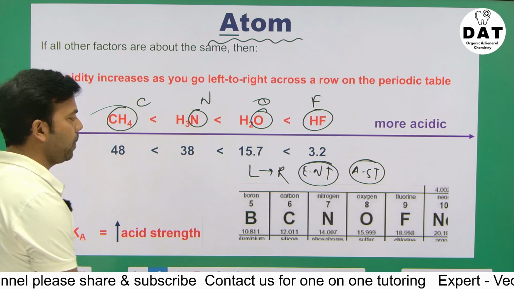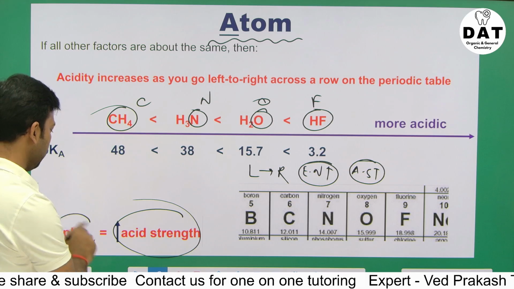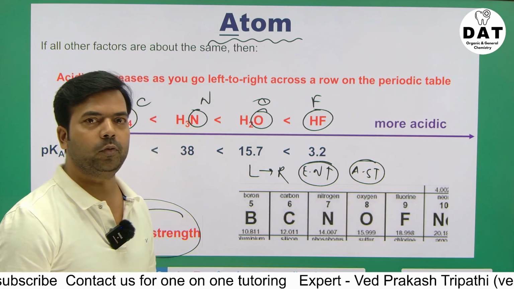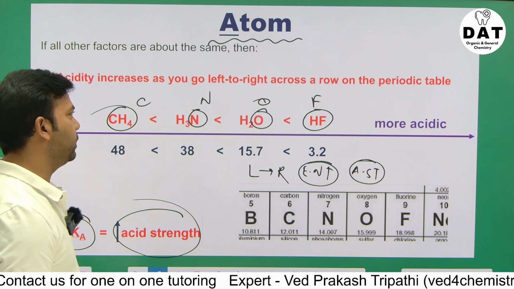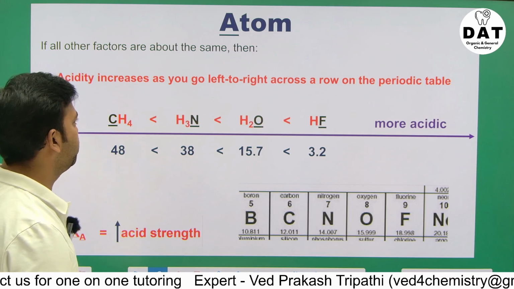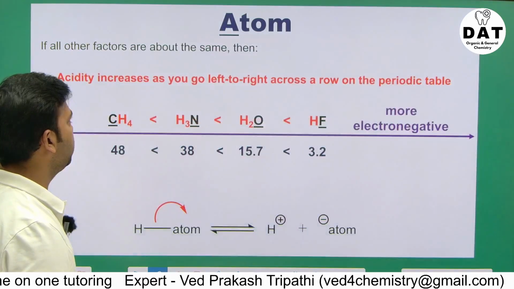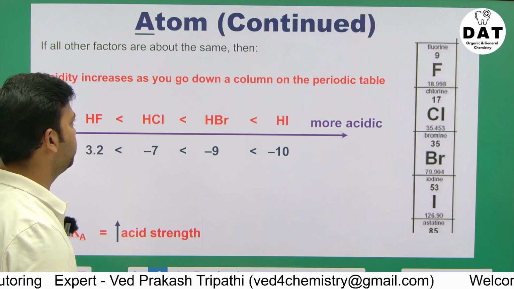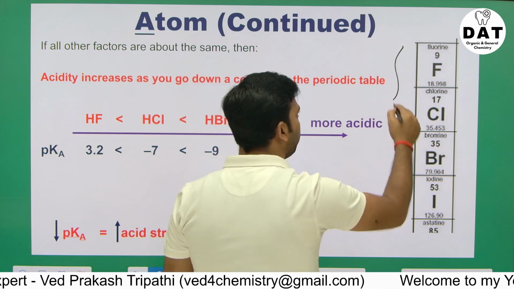Makes sense? So this is acidic strength, lower the pKa, higher the acidic strength. So as you're moving left to right, the electronegativity increases and acidic strength increases. Now the next, I think the size one next is, yes, this one. So this is top to bottom movement.